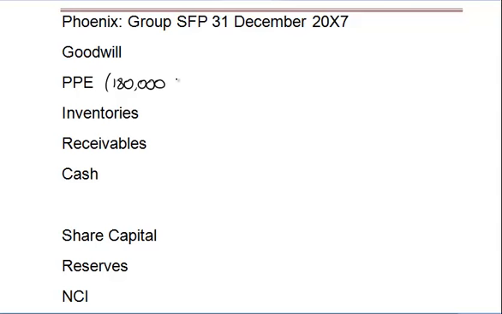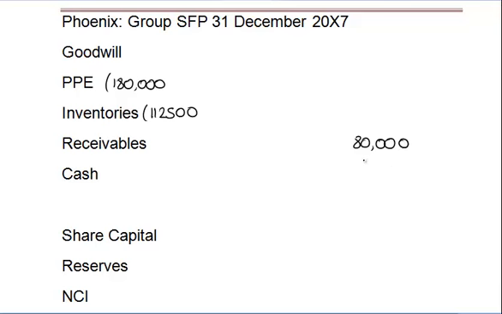Next it comes to inventories, and again I've referenced inventories to something else, so I know that there's going to be an adjustment required. For receivables, receivables have not been referenced to anything. So what I can do here is go straight to my statement of financial position and just slot in the number.